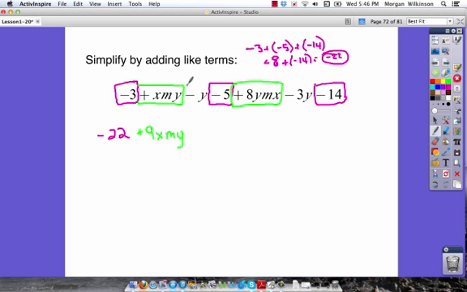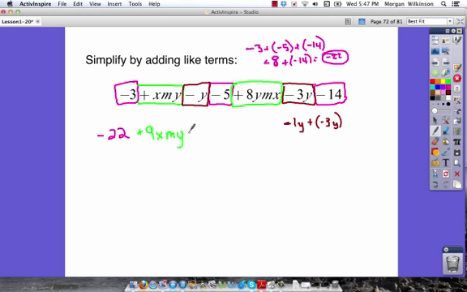Then let's figure out how many y's we have. We have negative y. How many y's would that be? Negative how many? Must be negative 1 because it's there. We've got negative y minus 3 more y's. Negative 1y minus 3y. Negative 1y plus negative 3y. That must be equal to negative 4y.